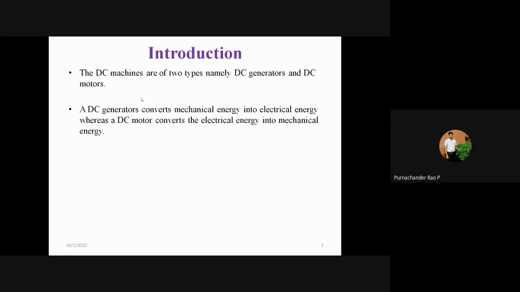In the first unit, we have discussed completely the constructional details of DC generators, principle of operation, and the voltage and current relationships. And also we have discussed the characteristics. So depending on the characteristics, we can go for different applications for the machines.